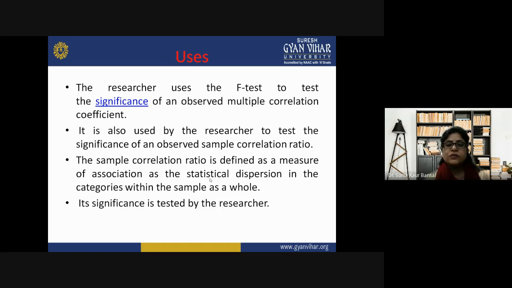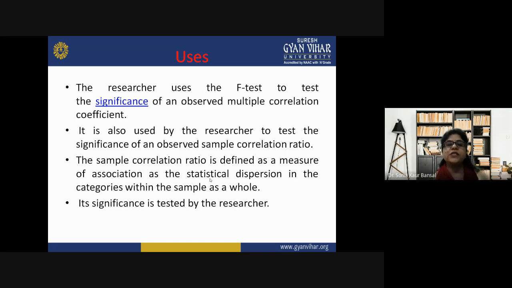It is also used by the researcher to test the significance of an observed sample correlation ratio. Okay, so understand it in that way also, that when we have observed a sample or two samples, what is the correlation ratio in that? So when there are two or more groups and we have to see the multiple correlation in that, how can we judge that?